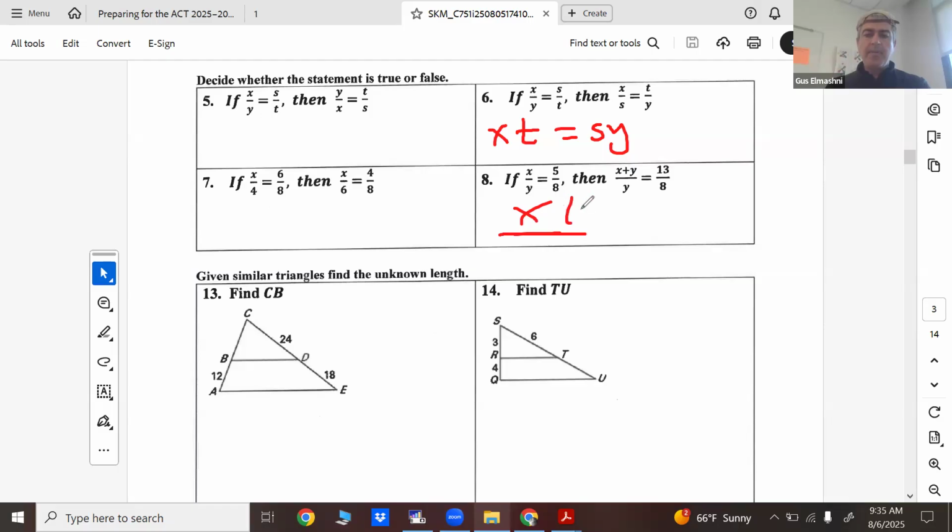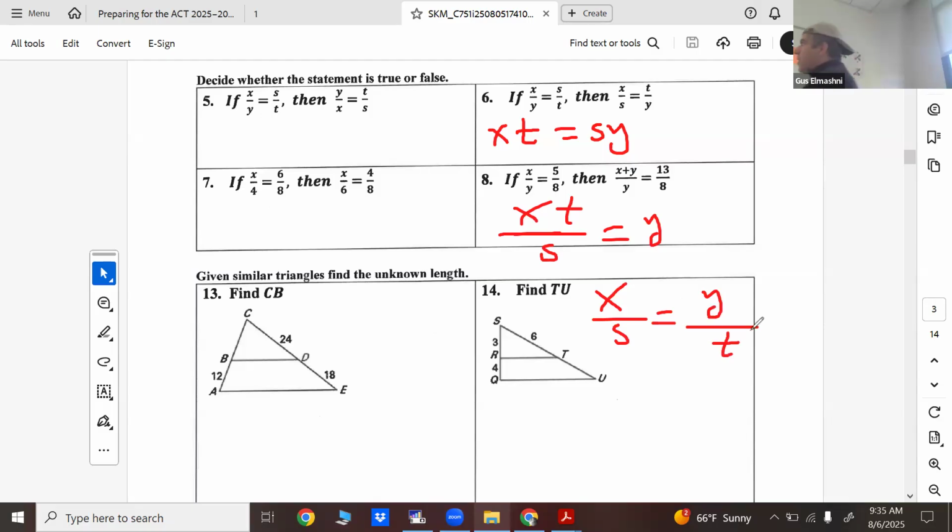Sorry, let me keep the t there for now. And then divide by t. So it's very similar to number 2, right? I cross multiply t to x, y to s. Makes sense, right? Then divide by s.